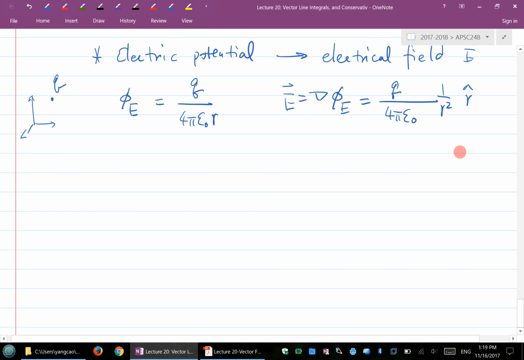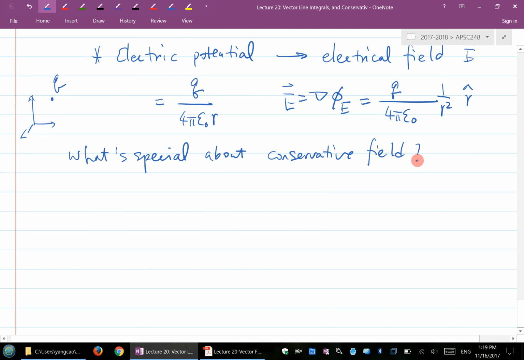Then what's so special about a conservative field? What's so special about it?